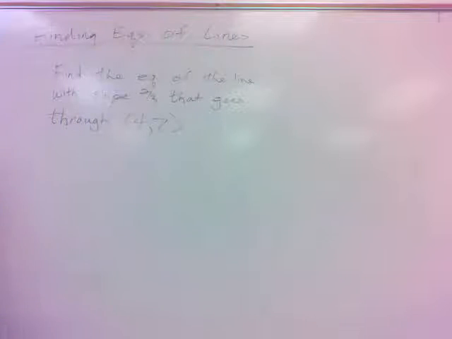Find the equation of the line with slope 2/3 that goes through the point 4 and 7.